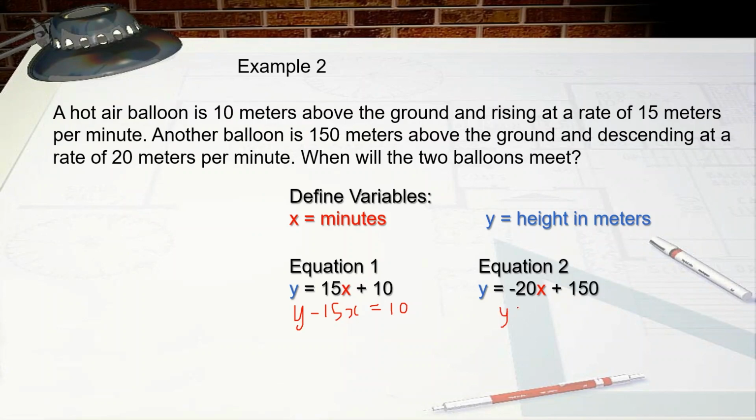So it's going to give us y plus 20x is equal to 150. So y minus 15x is equal to 10. y plus 20x is equal to 150.